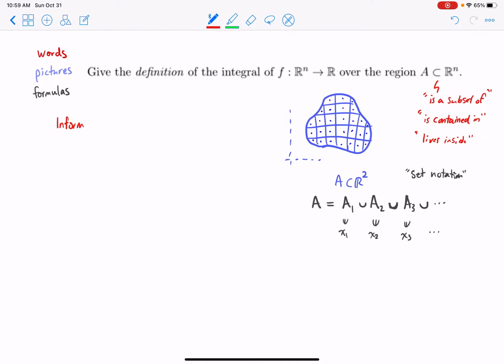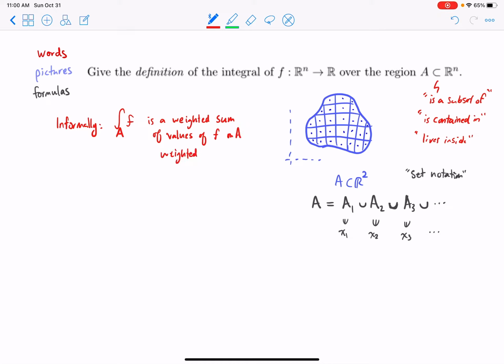So first, informally we'll say that this integral of f, of the function f over the region A, is a weighted sum of values of f on A, but weighted by what?